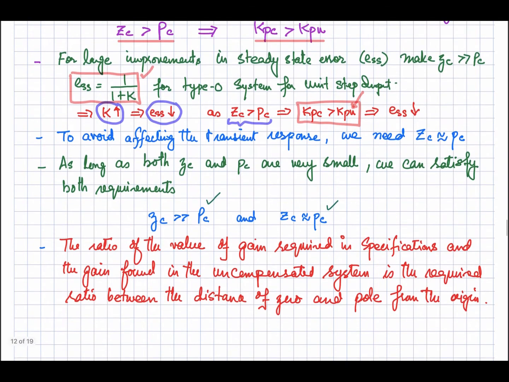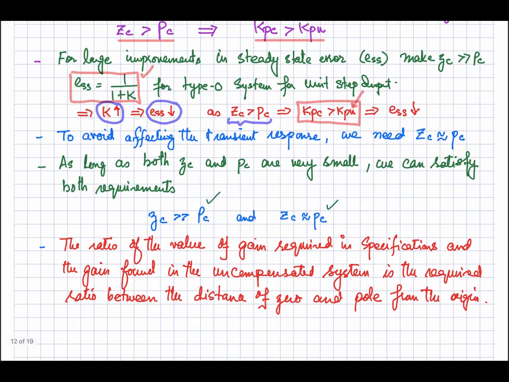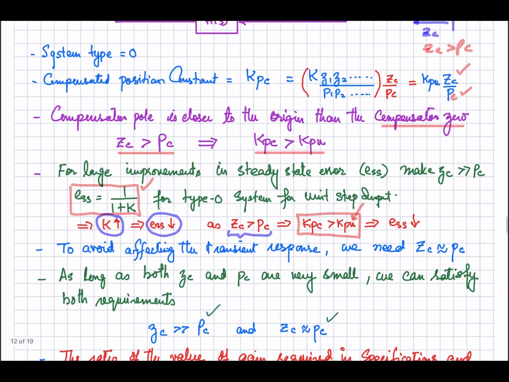And how much improvement there will be in the position constant, the velocity constant or the static error constant depends upon the ratio of zc and pc, because as you can see over here, your static error constant is updated by this factor zc by pc.